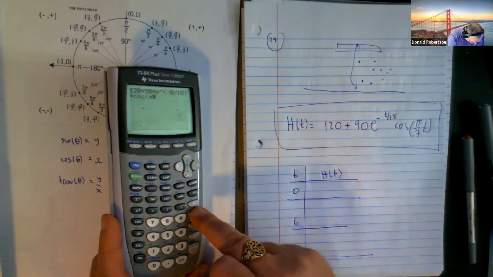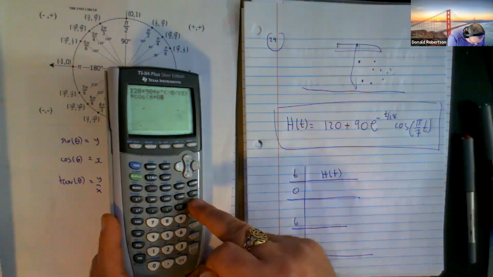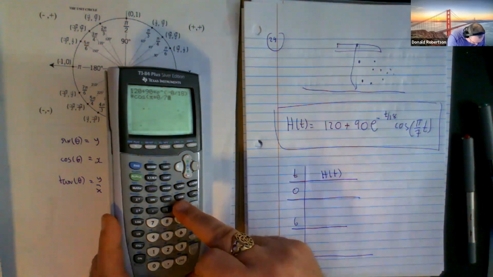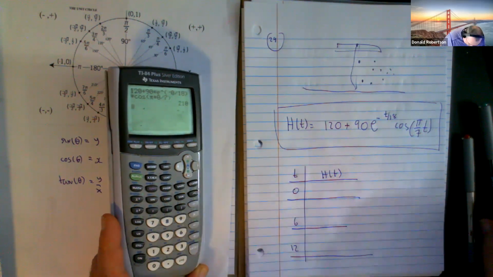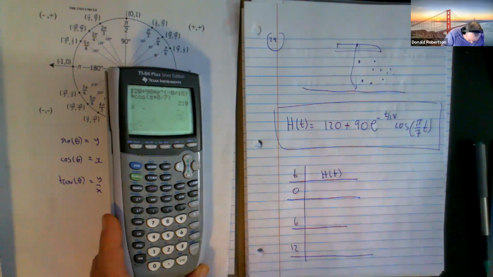I'm going to times pi by t, which is 0, a bit pointless, but I'm doing it, divided by 7, close the brackets and hit enter. And the answer I get is 210.